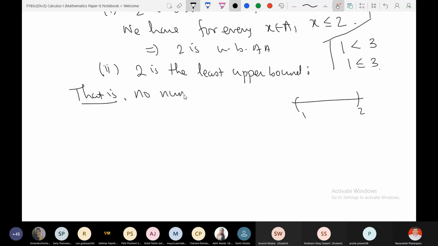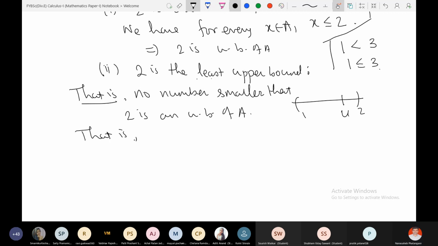No number smaller than 2 is an upper bound of A. What I want to say is that 2 is the least upper bound means: if U is less than 2, then U is not an upper bound of A. You need to understand these equivalent statements.